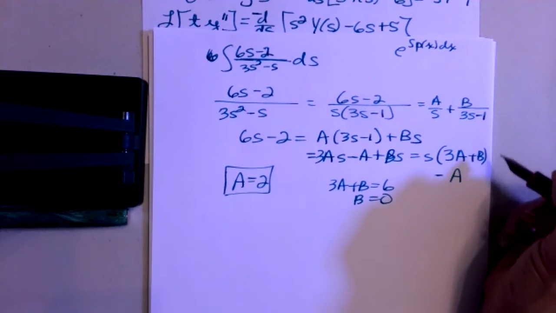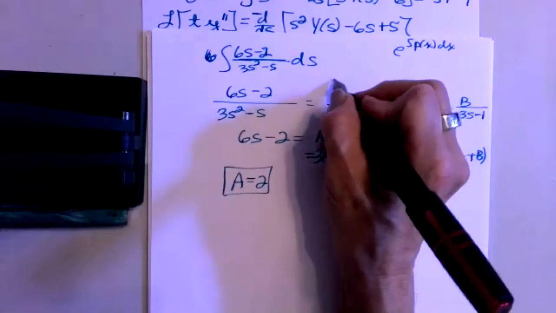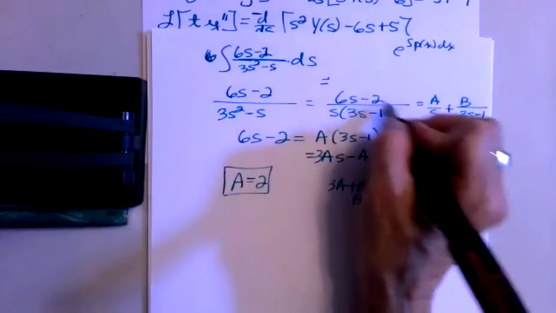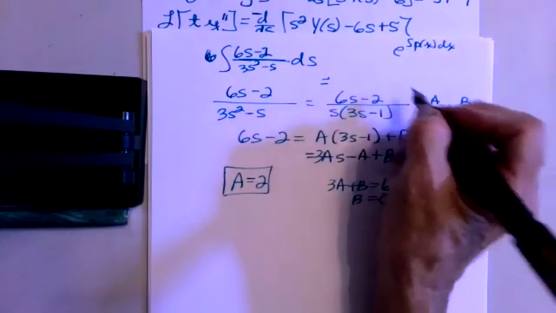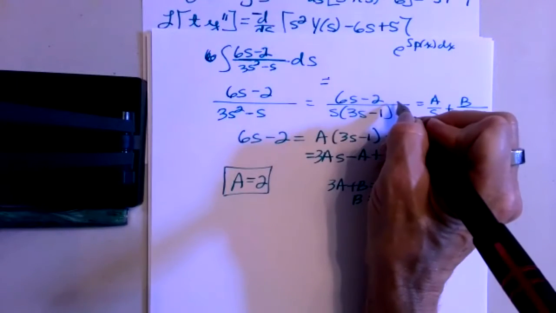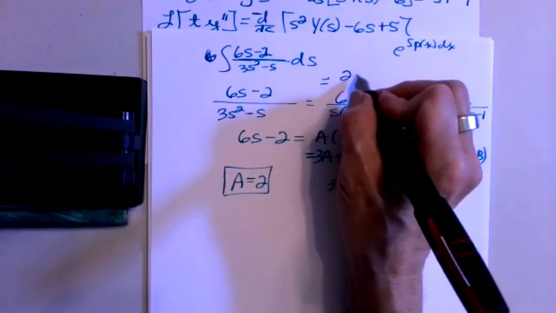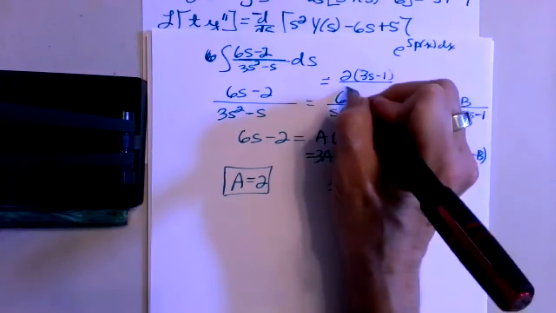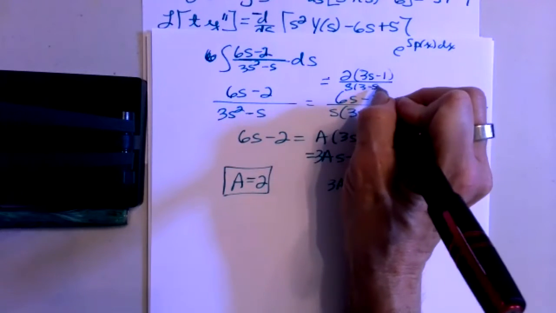Oh, duh. Oh, my goodness. Well, that's a real brain blip. So if you factor out a 2, you get 3s minus 1 in the numerator over s times 3s minus 1.